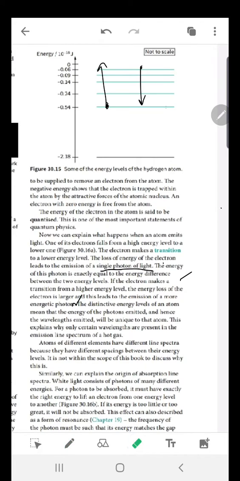There are two methods by which photons can be released. It depends from element to element. Let's say I am going from this particular orbit, my electron goes to this particular orbit. The electron can come like this, or it can directly come like this. It can come like this also.